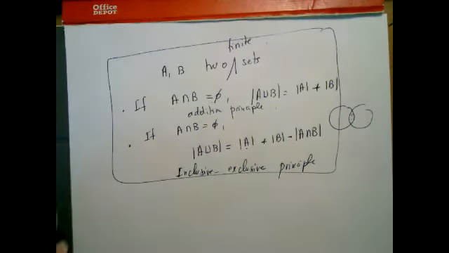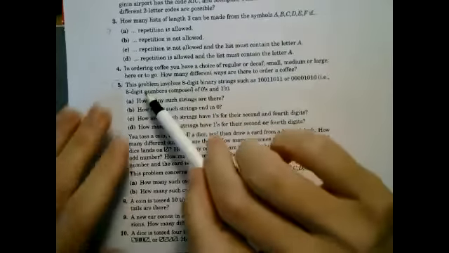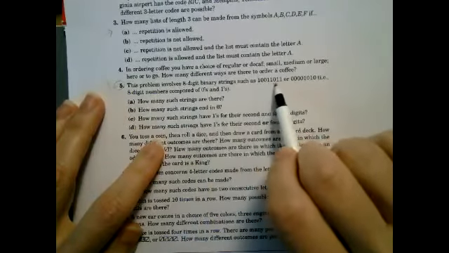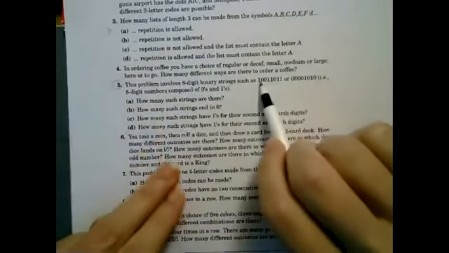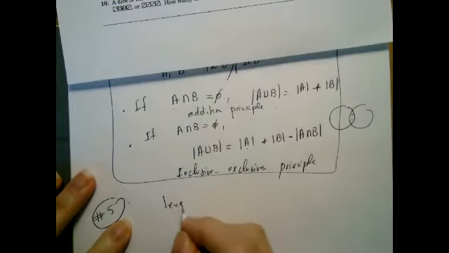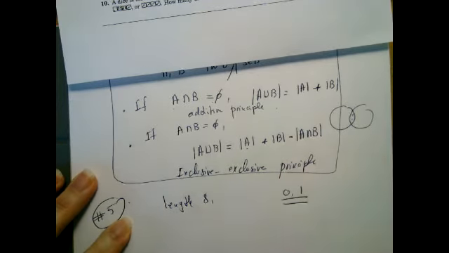Now, I am talking about this because you asked me about number 5D. So let me take number 5 and see what the scenario is. Number 5, here it is. This problem involves 8-digit binary strings, so the only thing we can put here is zeros and ones, and the length is 8.